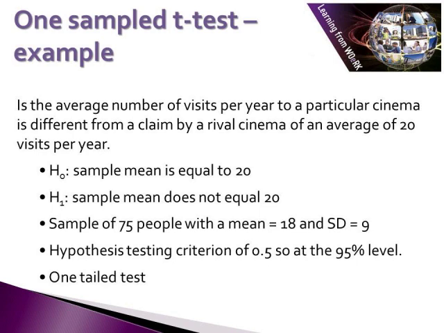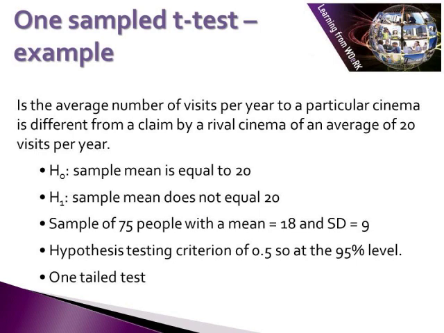We will not know the true value of the population mean and therefore standard deviation and standard error. Therefore, we end up using the t-test. The hypothesis is that either the sample mean is equal to 20 or it's not. So H0, our null hypothesis, is that the sample mean is equal to 20. H1, or alternative hypothesis, is the sample mean does not equal 20.